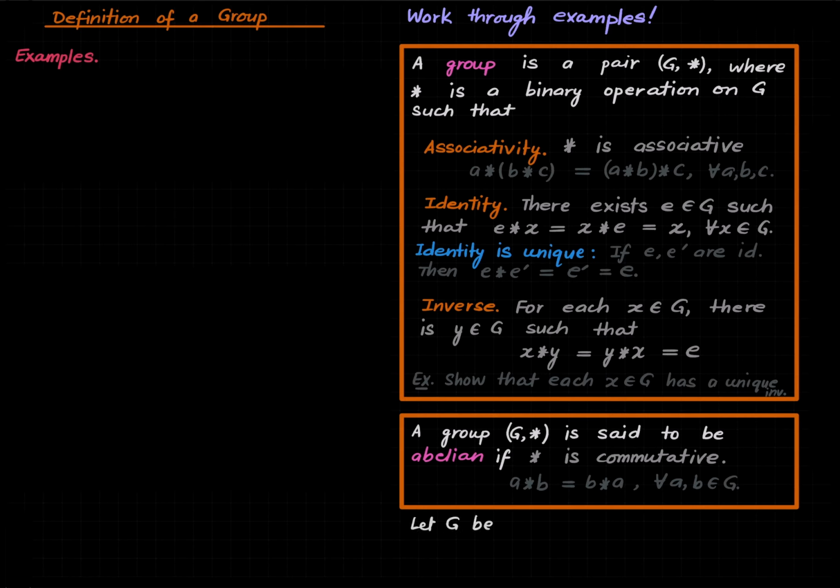Okay, and now for a point of notation, we may use the phrase let G be a group. We may write something like this. This GP stands for group, just an abbreviation. So when we say something like this, we mean that there is a binary operation, but we do not explicitly mention its name or notation. That binary operation is hidden because most of the times on a given set, you're working with exactly one binary operation, especially in the context of groups.